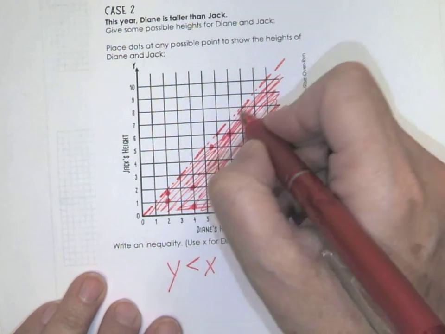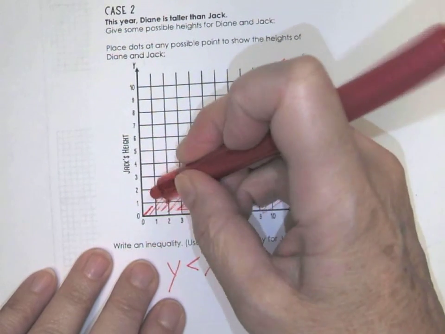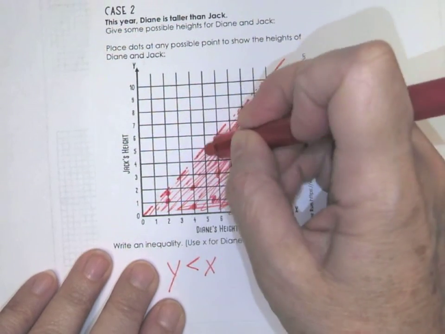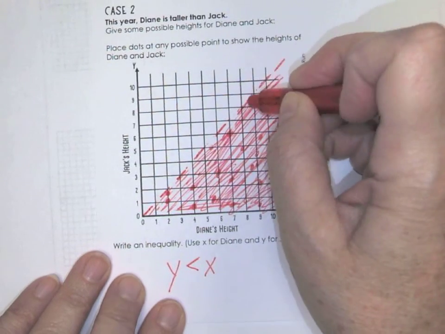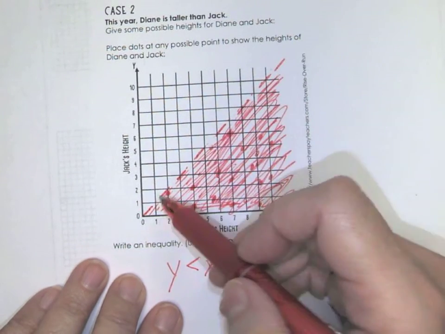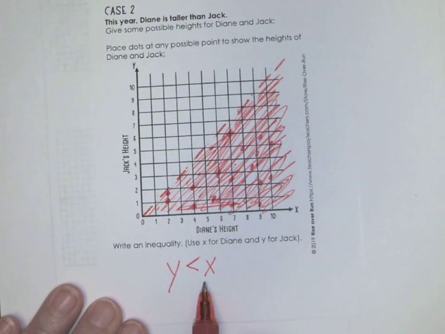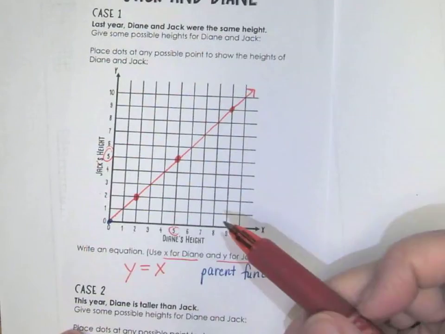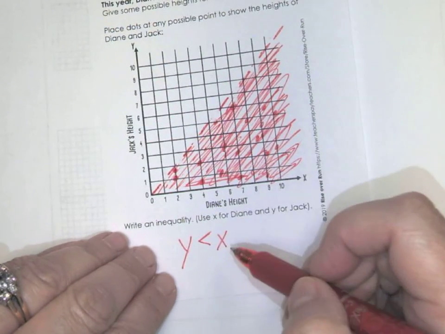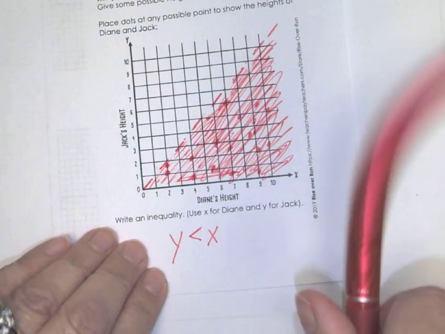There's no solution on the dashed line because they can't be equal. Their heights are not equal. Jack is shorter. So on the line, the y equals line, it can't include it, so y is less than x. So here's the graph of an equation, y equals x. Here's the graph of an inequality, y is less than x.